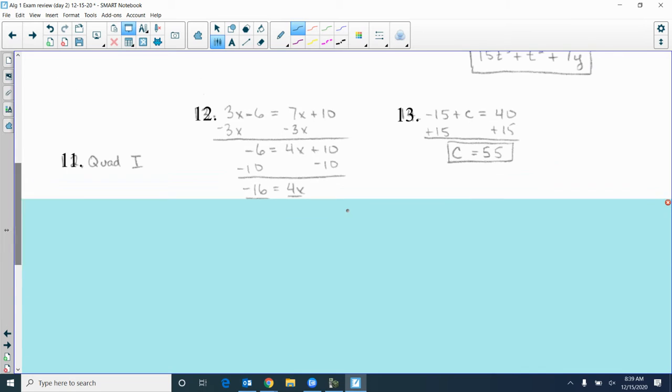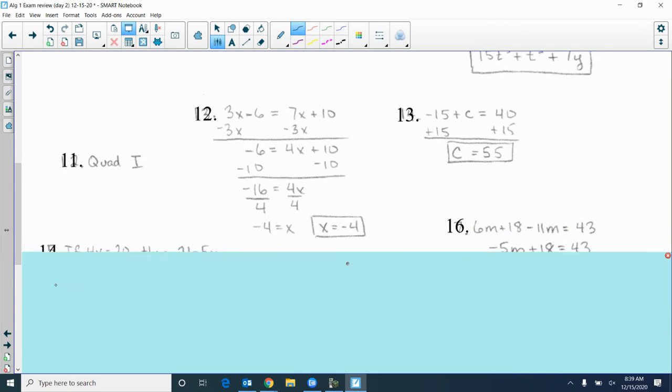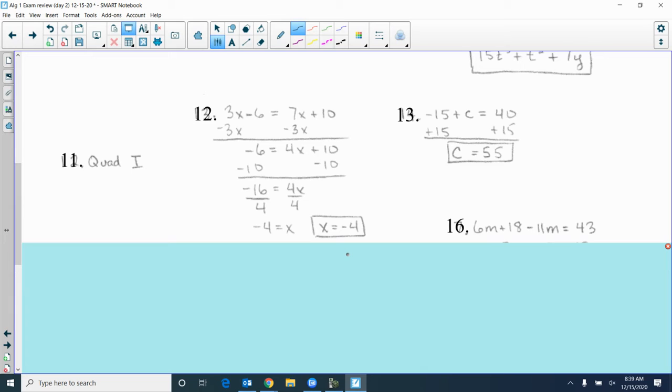All right, 11 is quadrant 1. Okay, that's quadrant 1. Now 12, once we get to 12, we get to some of those equations.